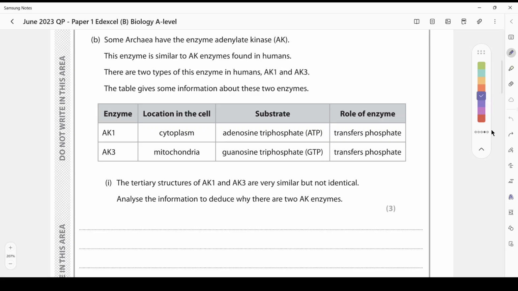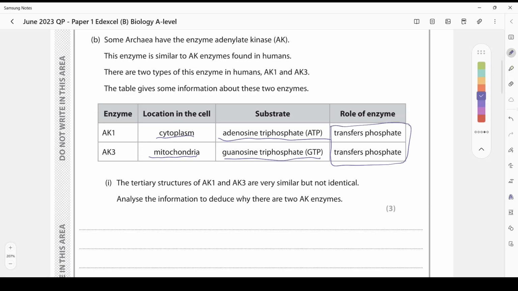Alright, so it says some Archaea have the enzyme adenylate kinase. This enzyme is similar to the AK enzymes found in humans, and there are 2 types of this enzyme in humans, AK1 and AK3. The table gives some information about these 2 enzymes. You can see that there. So the difference between AK1 and AK3 is the location and also the substrate, but the roles are still the same.